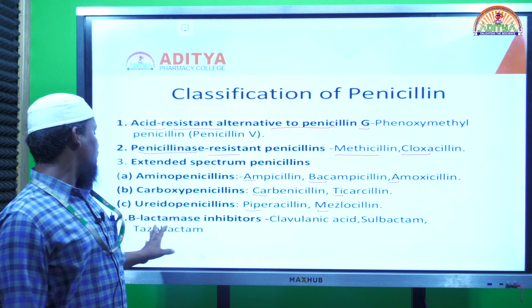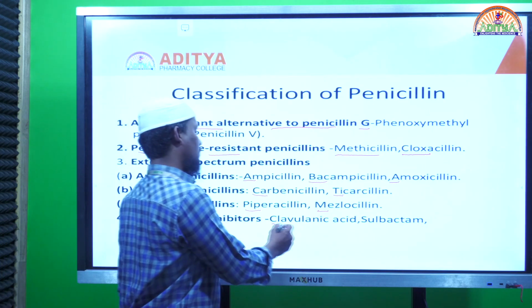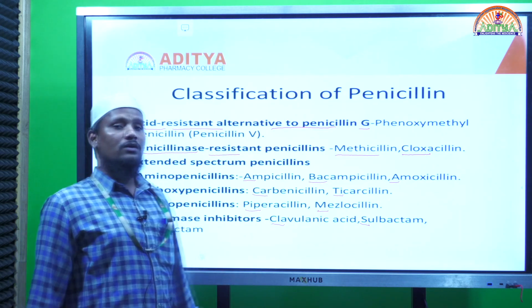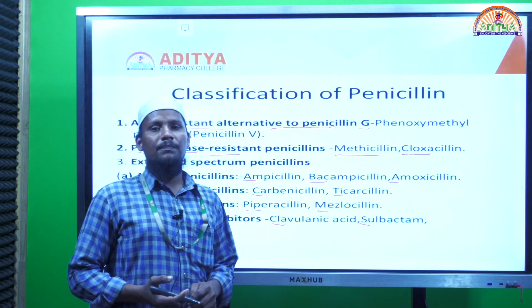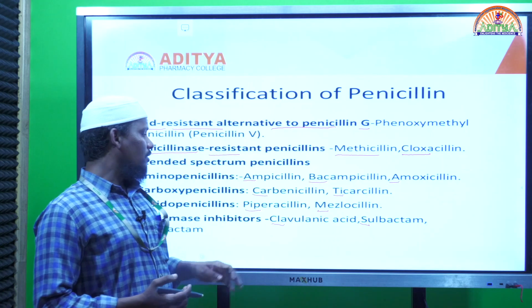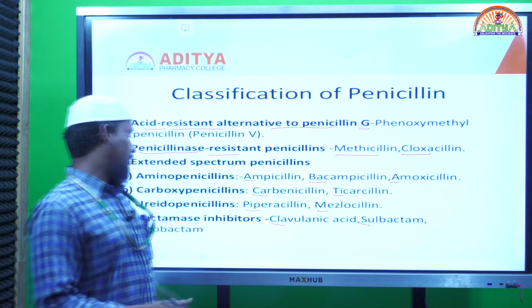Okay, the last one is beta-lactamase inhibitors like clavulanic acid, sulbactam and tazobactam. We know that beta-lactamase is an enzyme secreted by the microorganism which causes the inactivation of the antibiotics. So we introduce a new drug, that is beta-lactamase inhibitors.